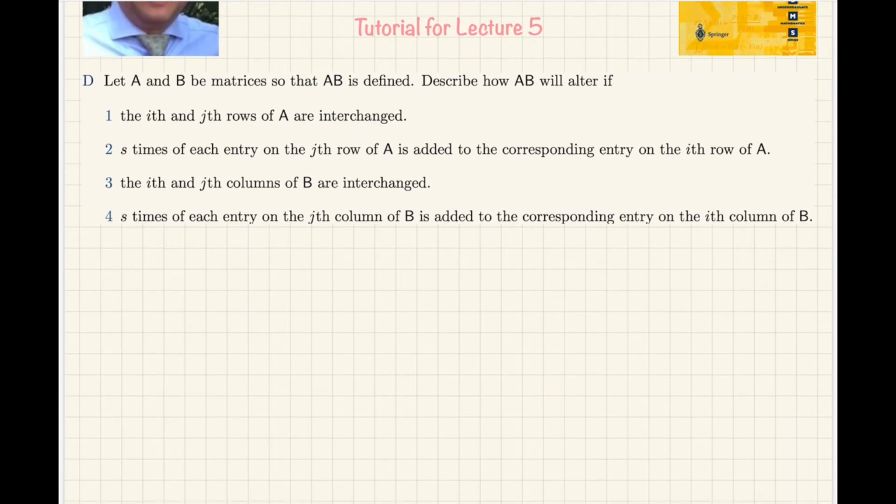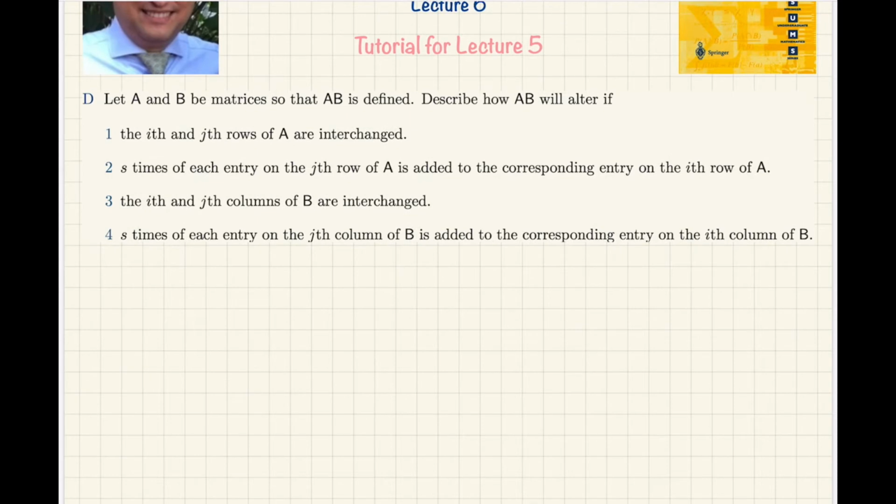So, what does this question mean? Let us consider that this A that I am working with is an m by n matrix for definiteness of the discussion. Let, for example, i be an integer greater than or equal to 1 and less than j, and j itself is less than or equal to m.